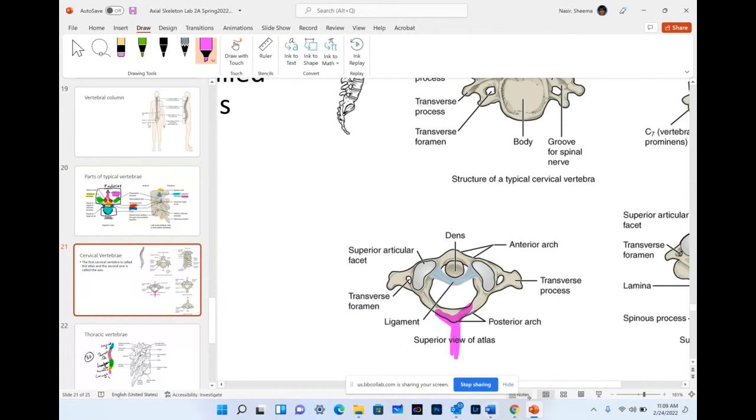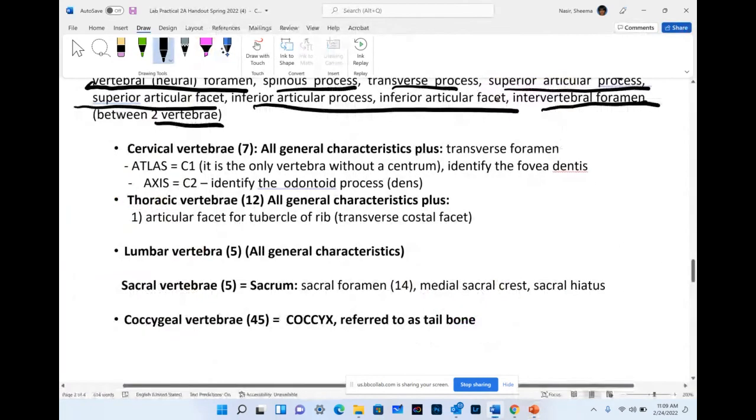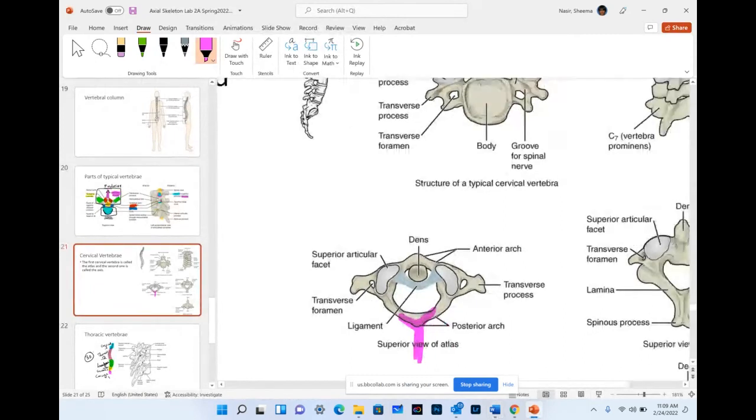So, going back to our handout, let's see. All general characteristics for the cervical vertebrae. So all of the vertebrae are going to have the general characteristics, okay? What you are going to notice in these cervical vertebrae is transverse foramen that no other vertebra has.